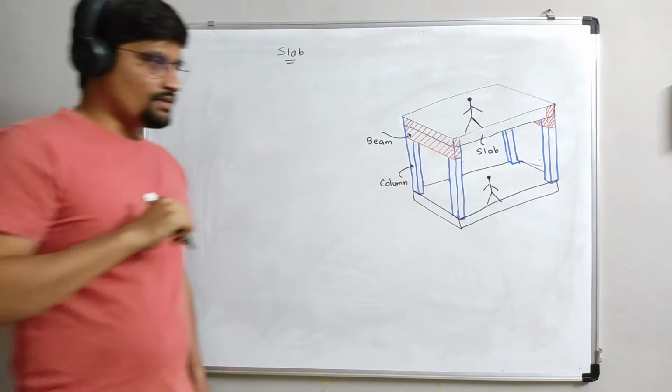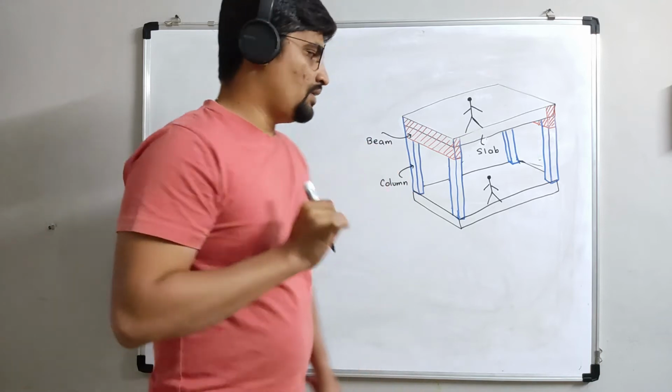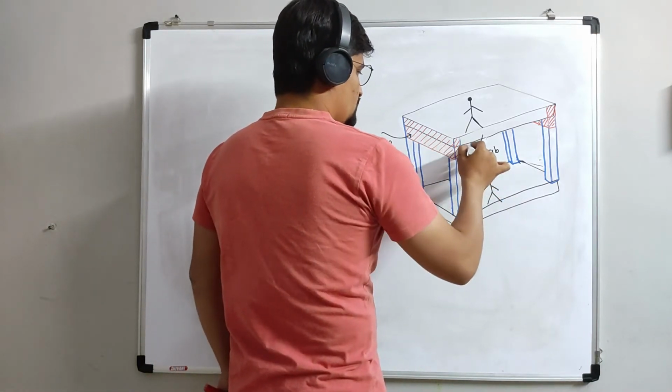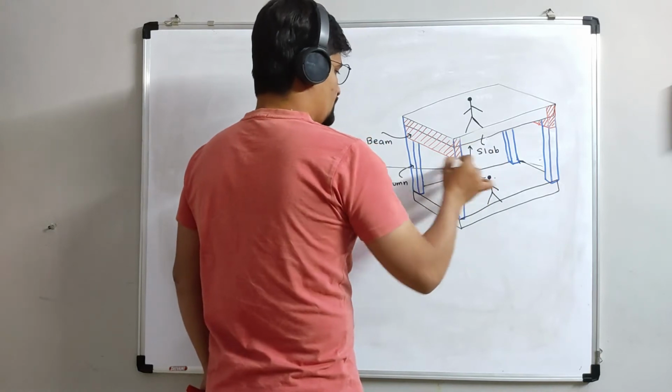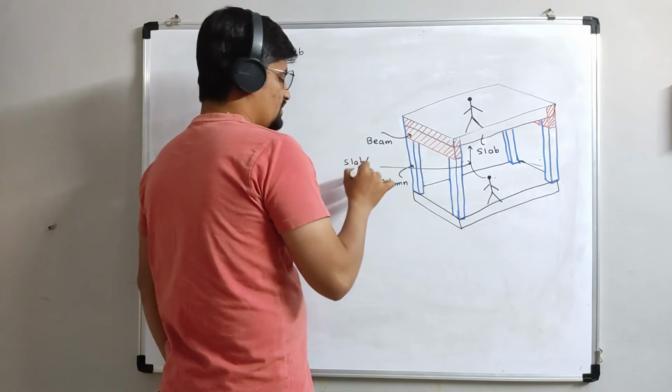Now, the slab works in two ways. For these people, the upper portion is known as slab, or we can say ceiling.